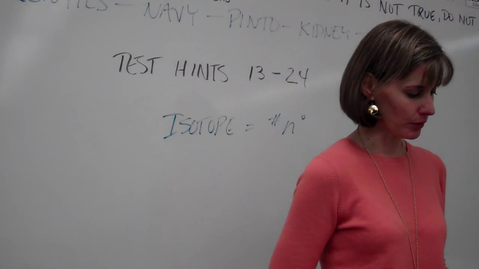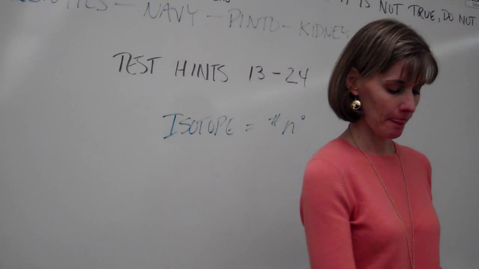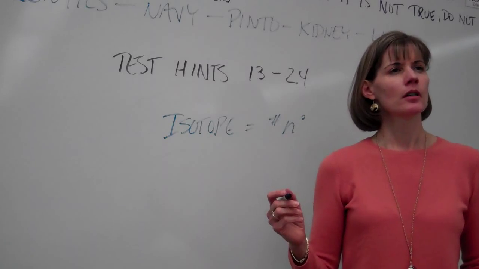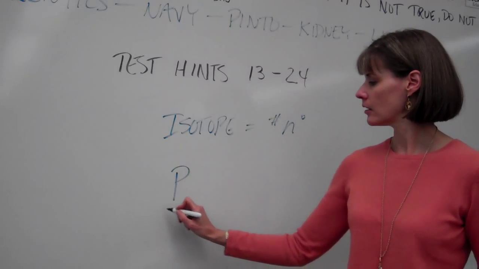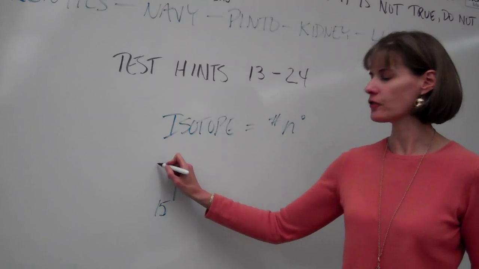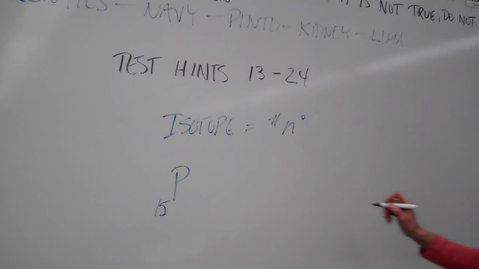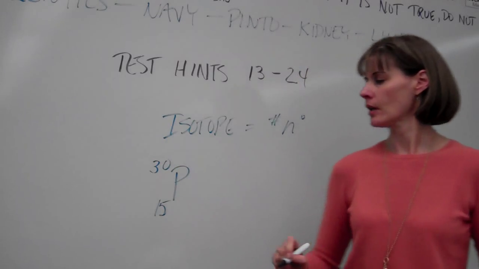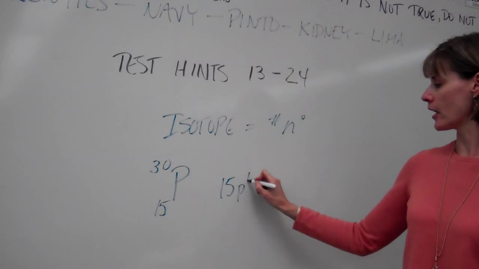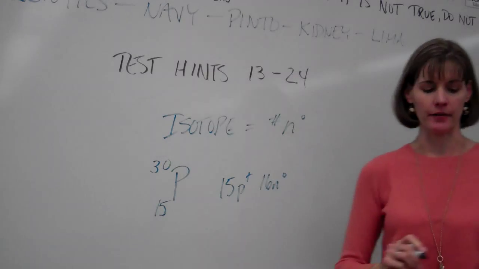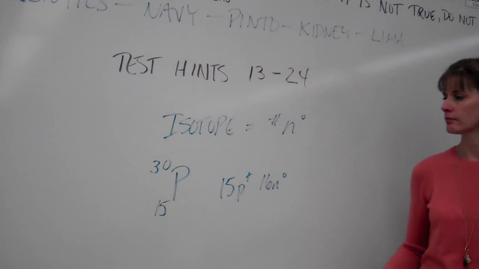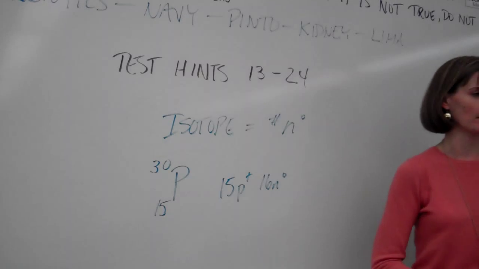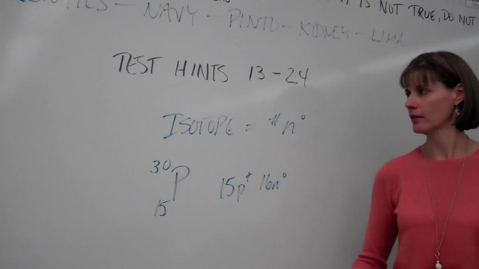Phosphorus, which has an atomic number of 15 and a mass of 30, has 15 protons and 16 neutrons. Phosphorus 30. Does it have 15 protons and 16 neutrons? No. Why?